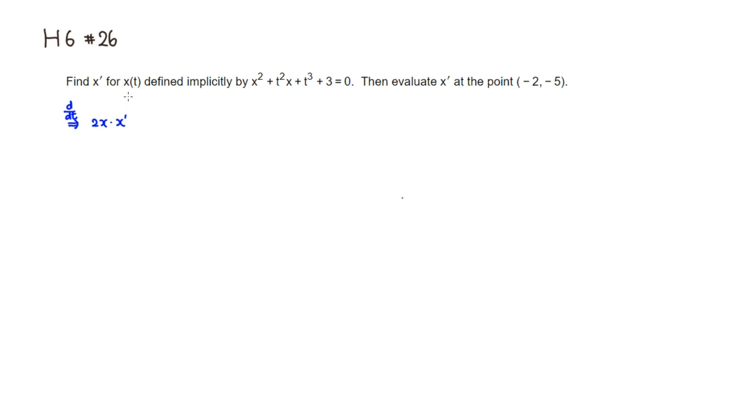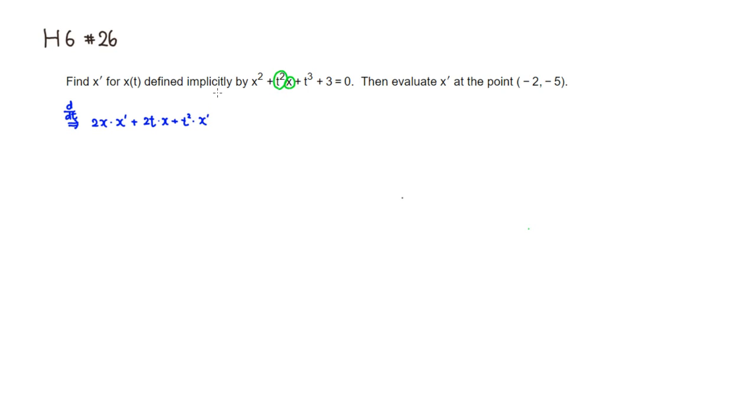Then here we have two things multiplied together, so we have to use the product rule. The derivative of the first guy, t squared, is 2t, times the second guy, x, plus the first guy, t squared, times the derivative of the second guy, x prime.